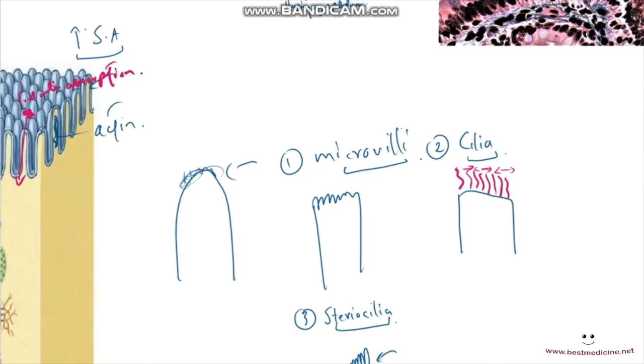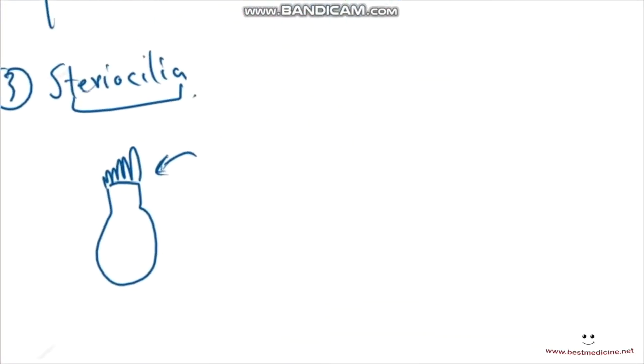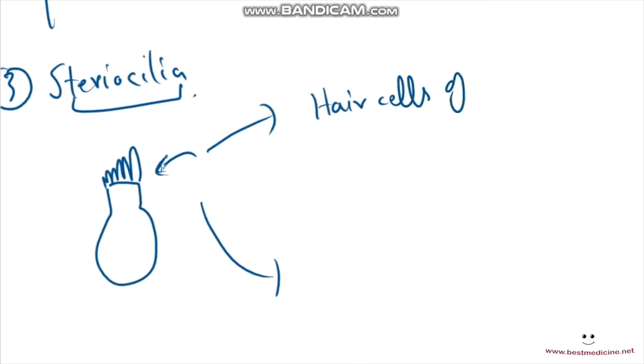Now the last one we have is stereocilia, which I'm not going to go into too much detail here because it has different functions. The function that it serves in the inner ear hair cells, or you'd say hair cells of the ear. The inner ear has some hair cells, which are called hair cells because they have these stereocilia, and they are sensitive to vibration.